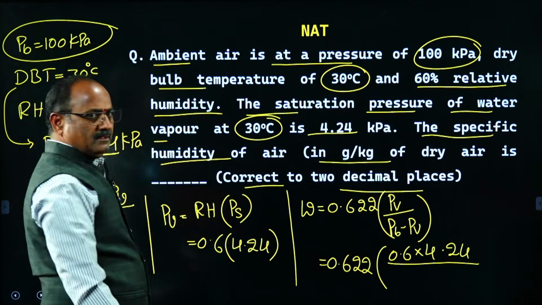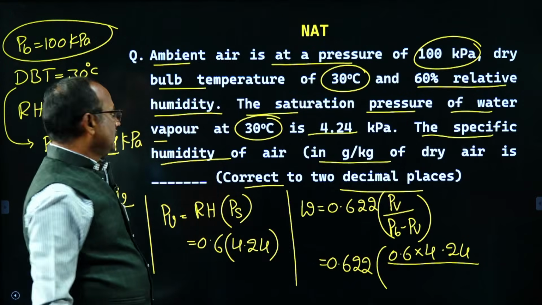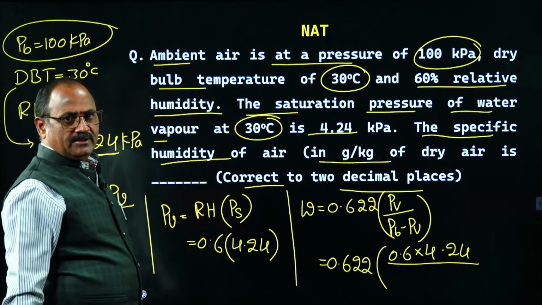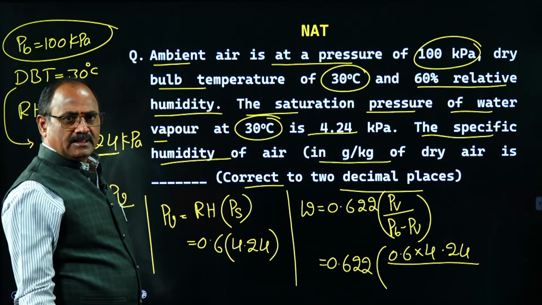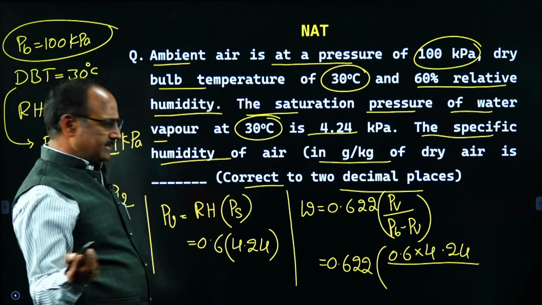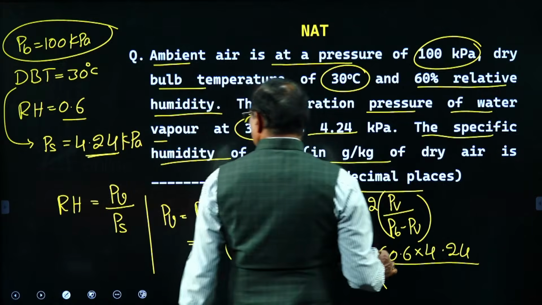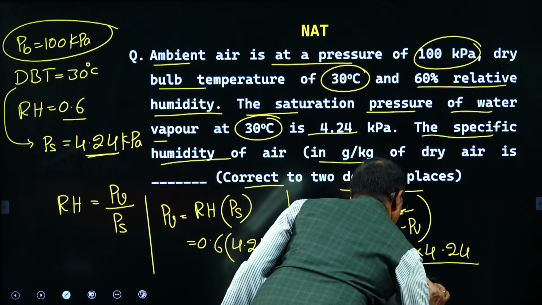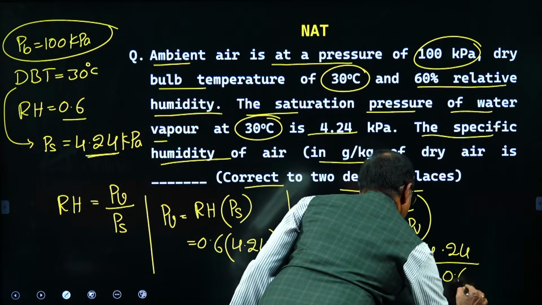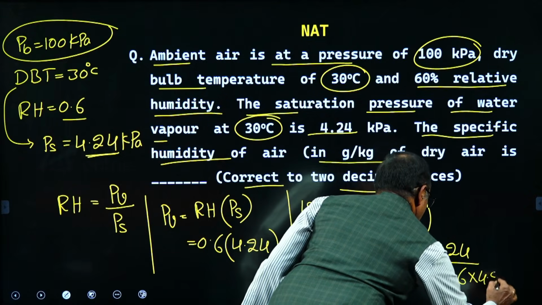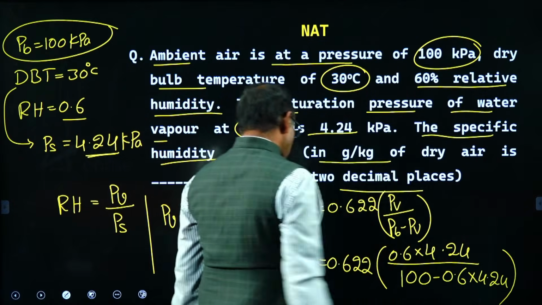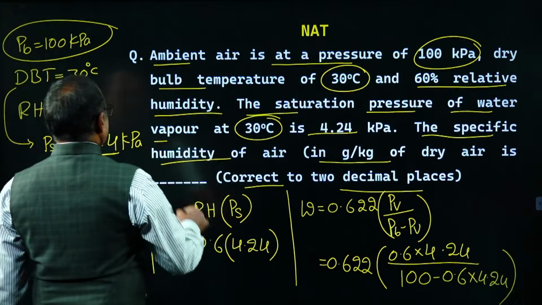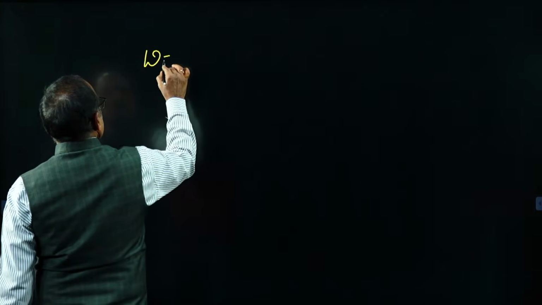If not given in the question, you can take standard atmosphere pressure, roughly 1 bar, that is equal to 100 kilopascal or 101.3 kilopascal, that is the exact value. Barometric pressure 100 minus PV 0.6 into 4.24. You simplify this value for getting the specific humidity, right?